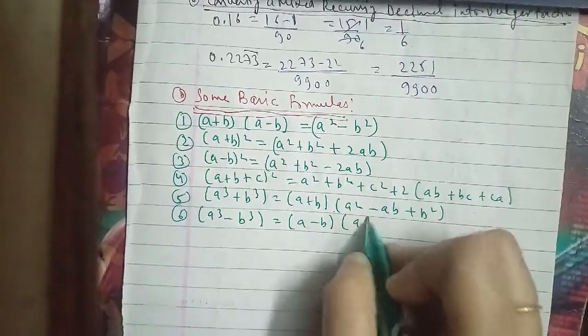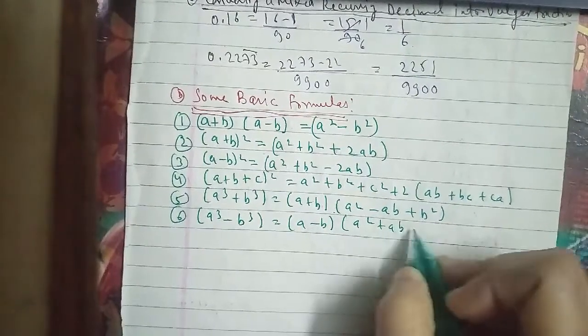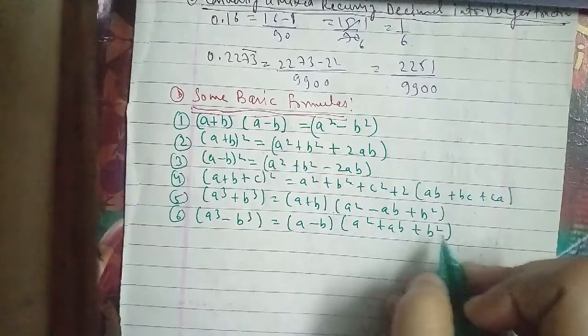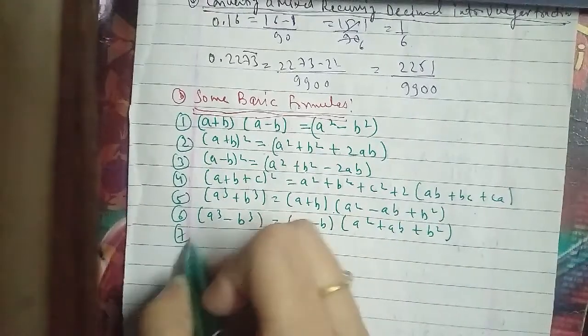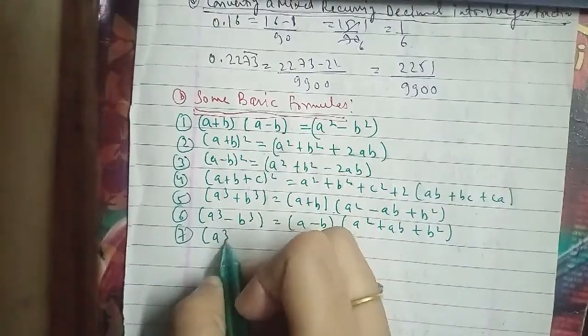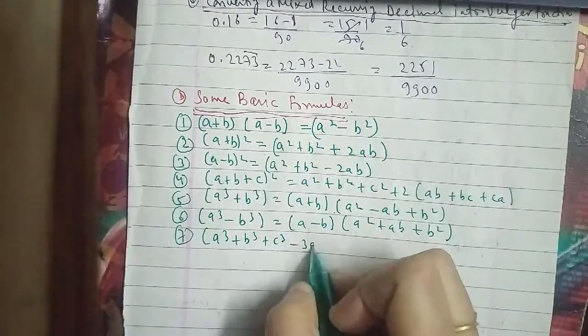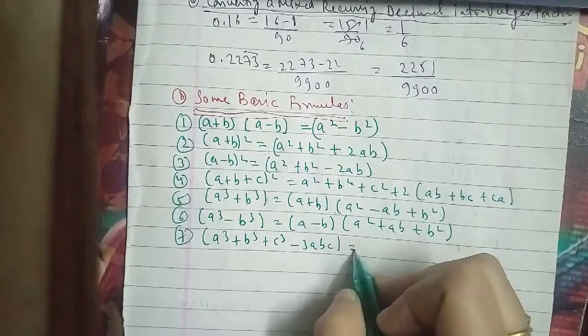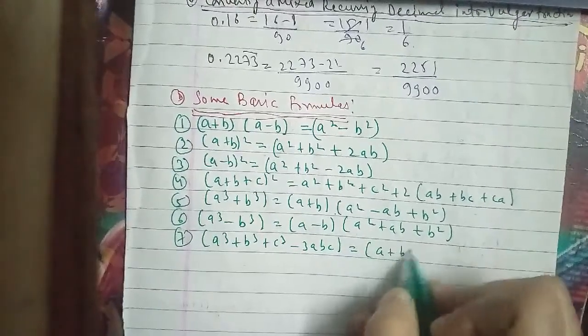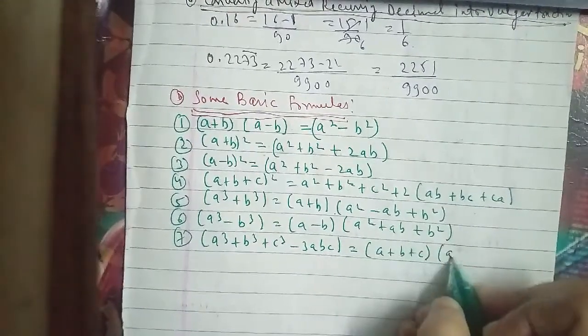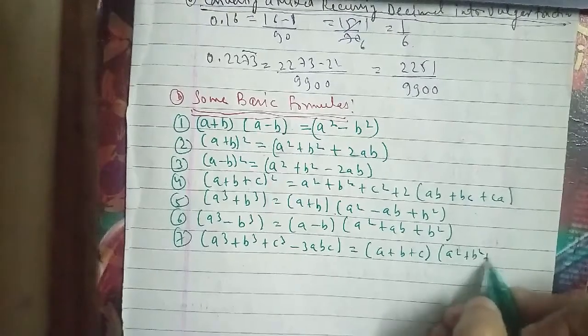The seventh formula: a cube plus b cube plus c cube minus 3abc equals a plus b plus c times a square plus b square plus c square minus ab minus bc minus ac.